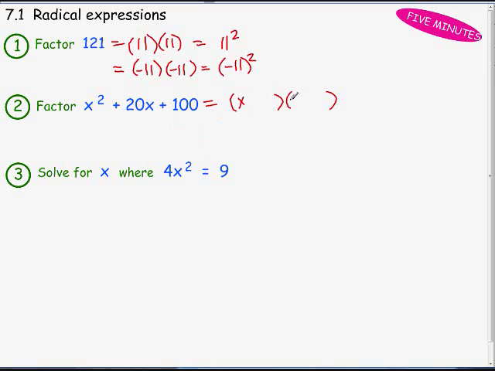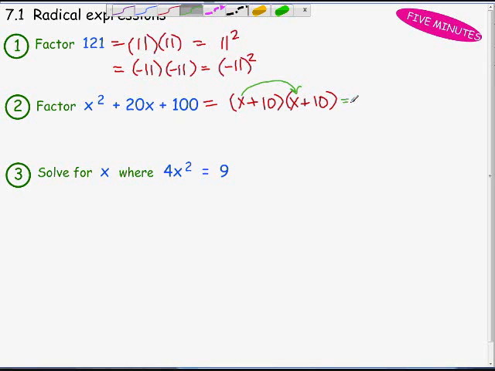Clearly it's got to be x and x to get to x squared, and let's try 10 and 10. That would give us the 100. The only question we have is our middle term. To verify that this actually works, we'll go ahead and FOIL this.